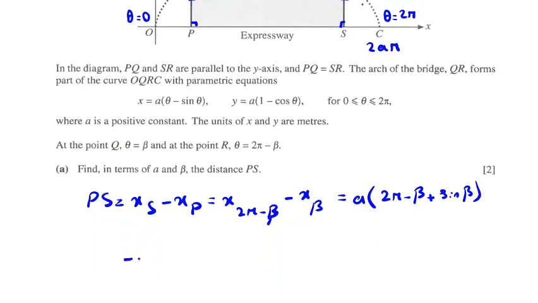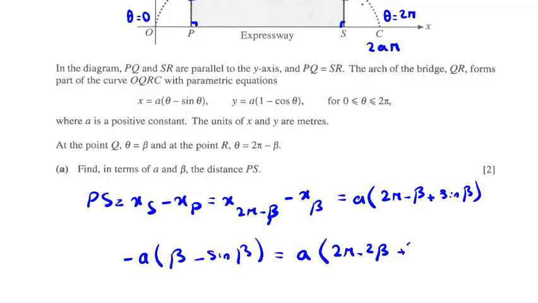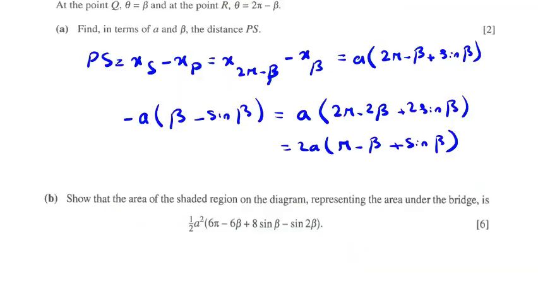And minus a beta, and minus sin beta. If we factor out a, we have 2 pi minus beta, 2 pi minus 2 beta, plus 2 sin beta. You can factor out 2, and it will be 2a(pi minus beta plus sin beta).